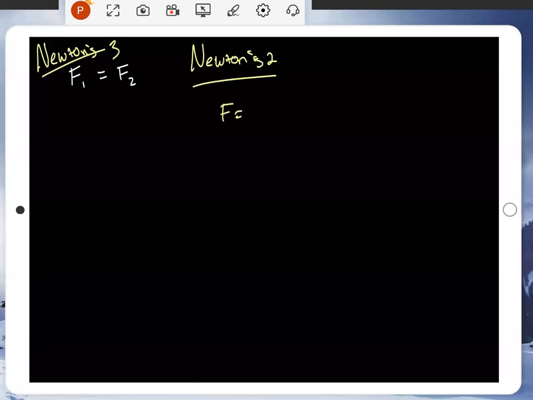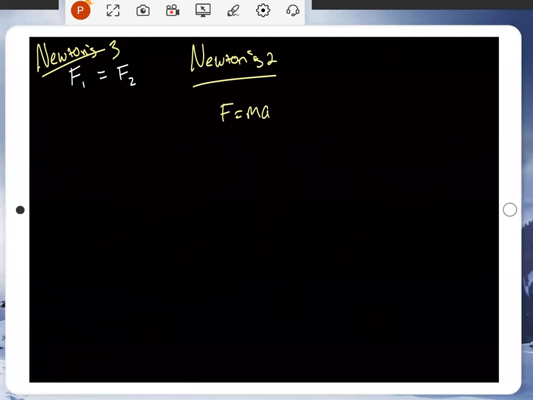So this is getting maybe a little more mathy, but maybe it'll drive this home. This is Newton's third law. Remember, equal and opposite always. Newton's third, 3. But Newton's second in general is that F equals ma.